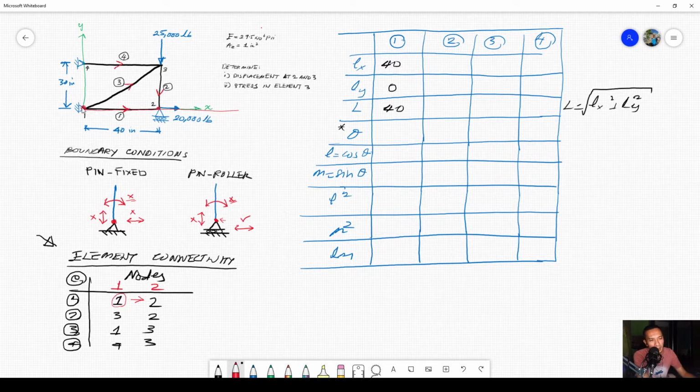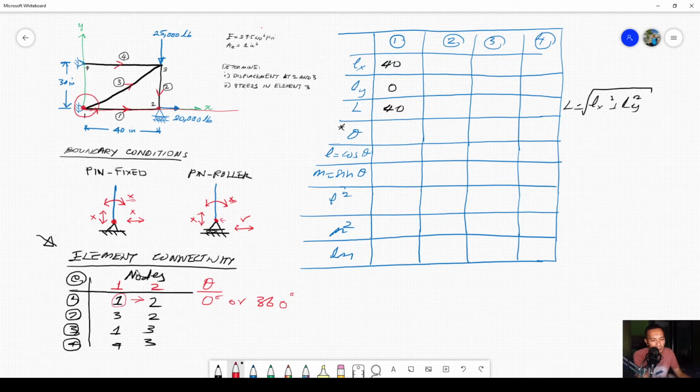We can say that for 1 to 2, the angle will be equal to 0 degrees, or we can take this equal to 360 degrees. So the angle is obtained by always taking it in the anti-clockwise direction.